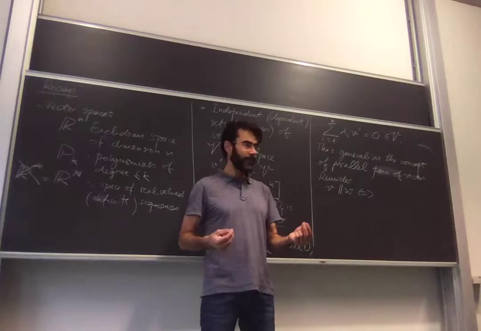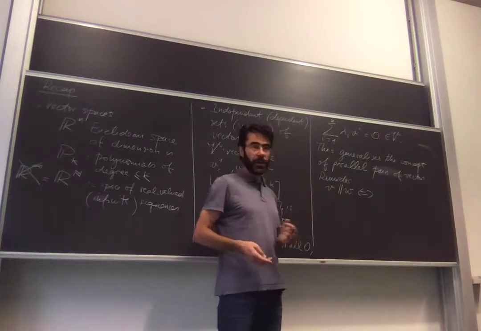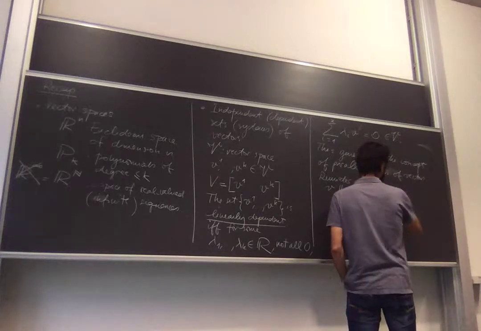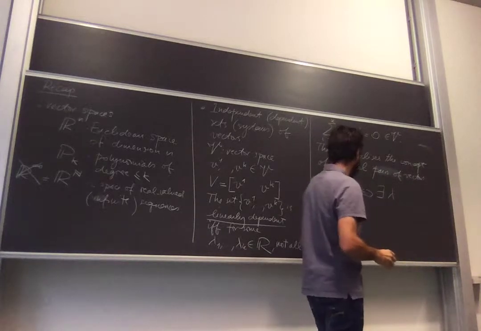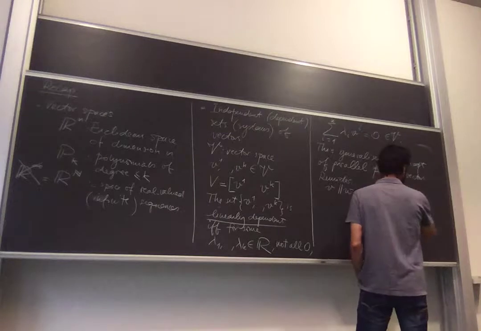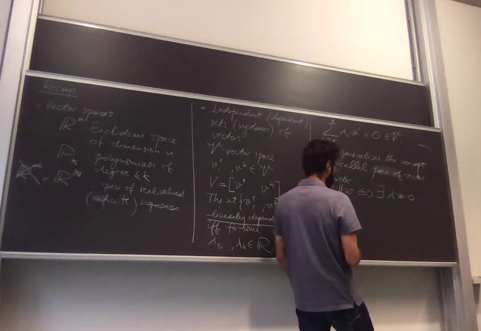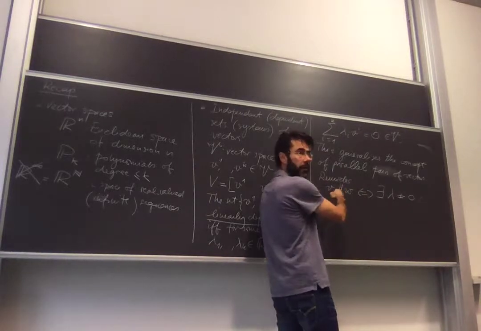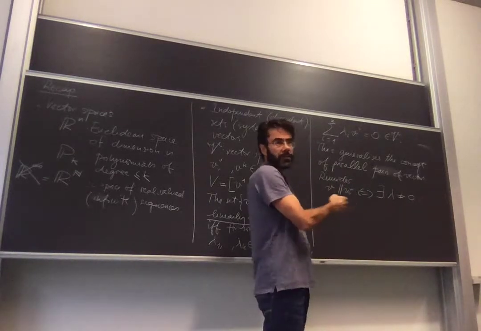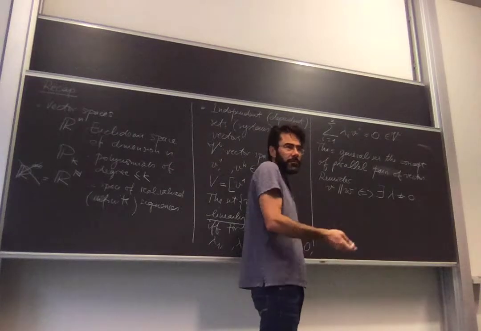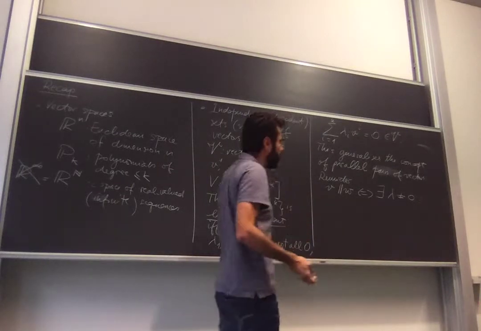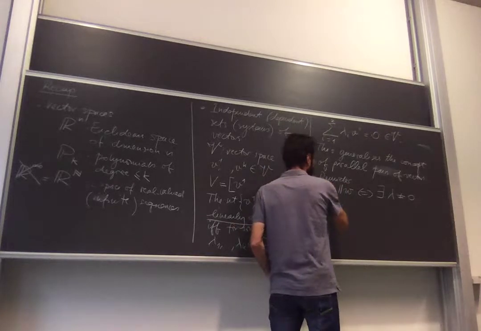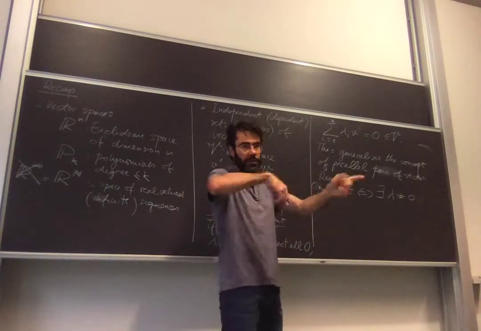So we say that two vectors are parallel if and only if there exists a lambda different than 0 such that one of them is a multiple of the other. If both of them are 0, then you just declare them to be parallel. So 0 is trivially parallel to itself. But suppose one of them is non-zero, let's say V. If it happens to be W, then you exchange the roles.